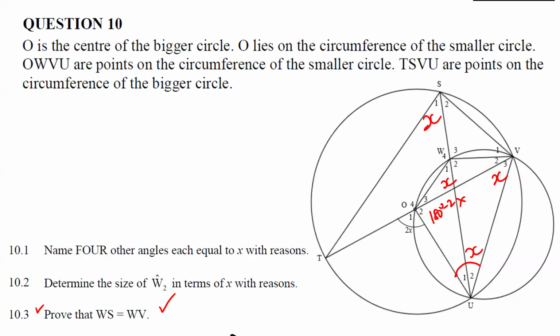So, we want to prove that WS is actually WV. WS, it's WV.